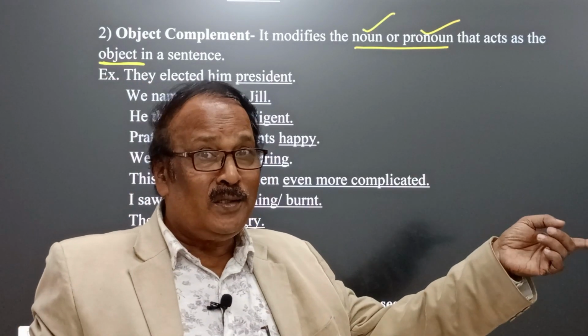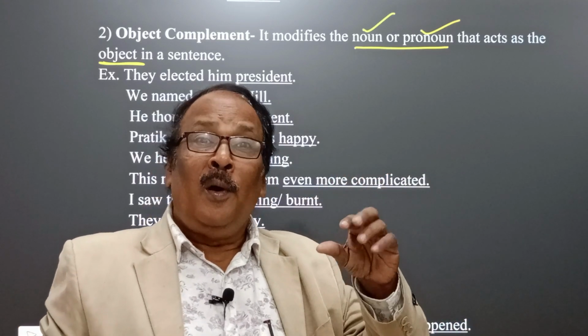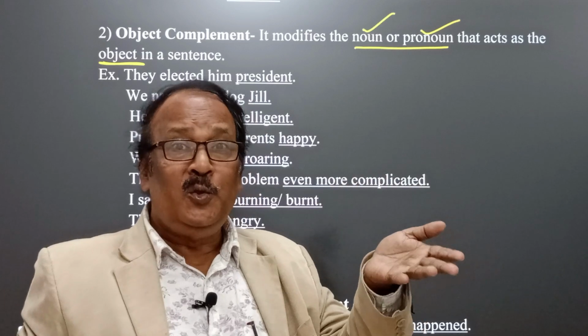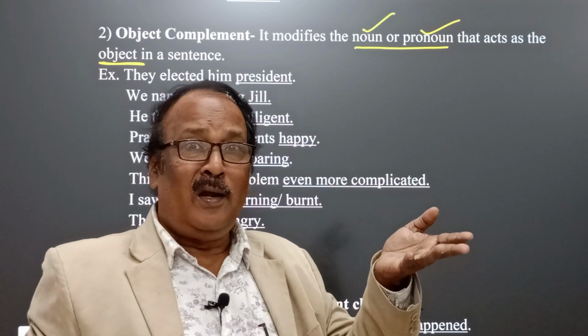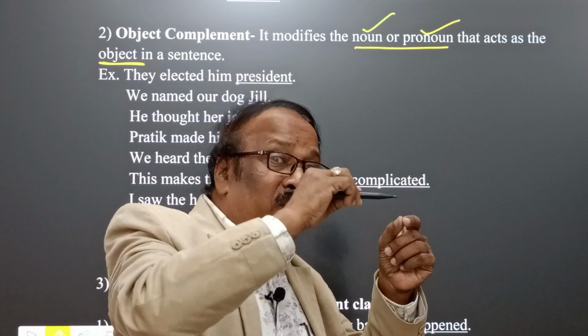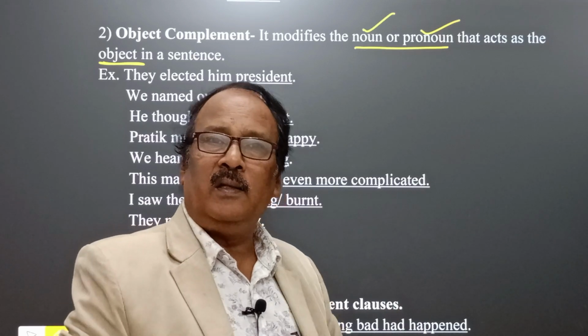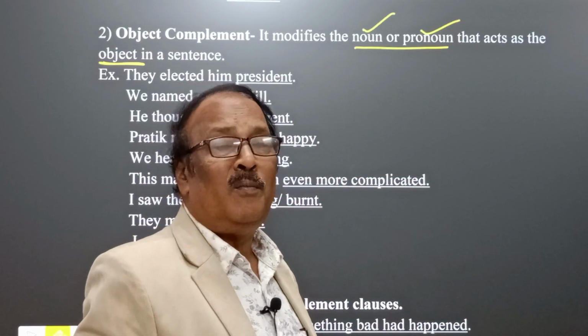In the last discussion, it was subject, but here that noun or pronoun is used as object, and then whenever a complement modifies or complements the object, this is what we call object complement.